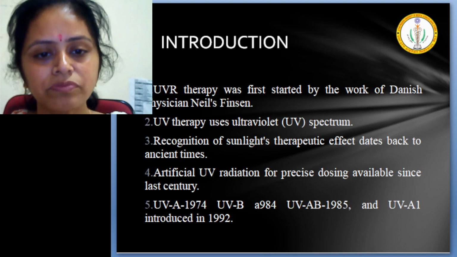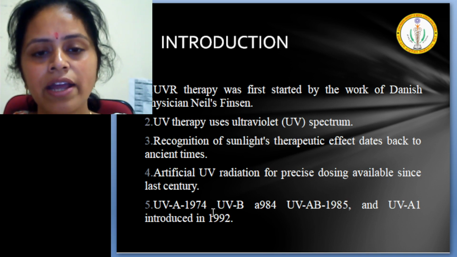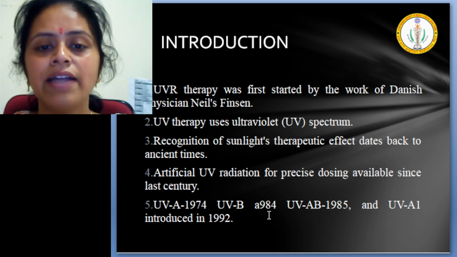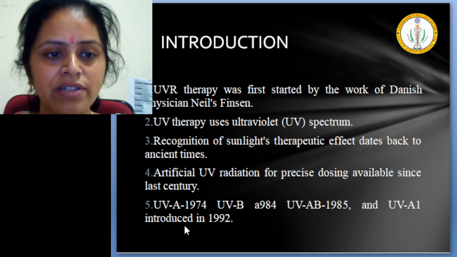So UVA was discovered in 1974, UVB in 1984, UVAB in 1985, and UVA1 was introduced in the year 1992. So this is not so ancient, this is a new machine, not so old.